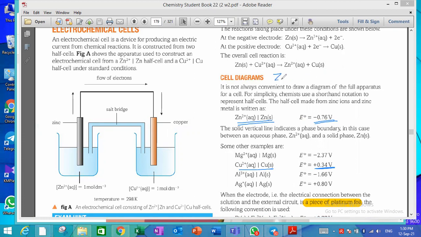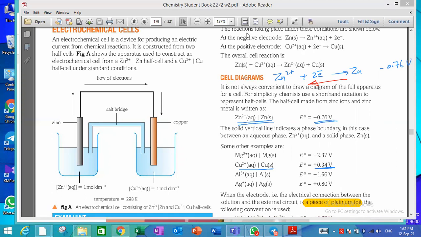We say that zinc ions plus 2 electrons gives zinc metal. We find that the E naught value is minus 0.76 volts. This means that the zinc would prefer to be oxidized to form zinc ions plus 2 electrons. It means that zinc releases electrons to form the zinc ions.